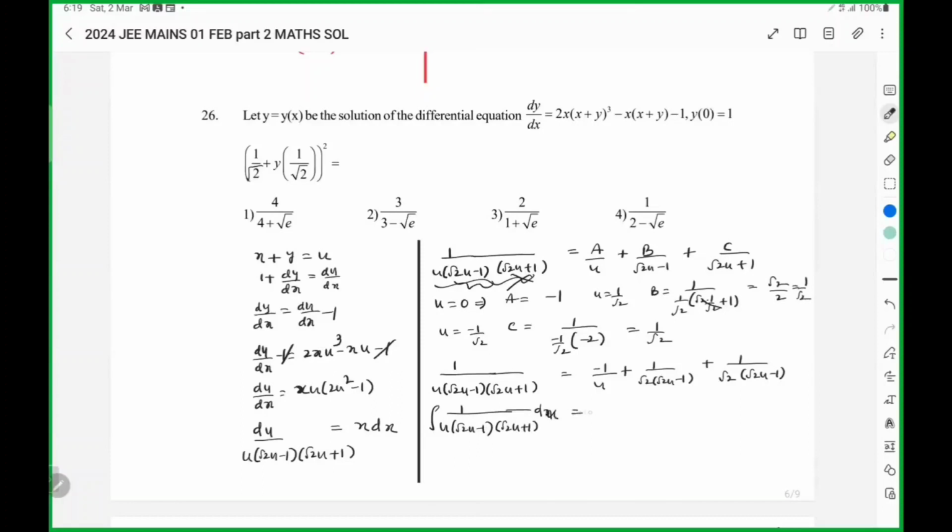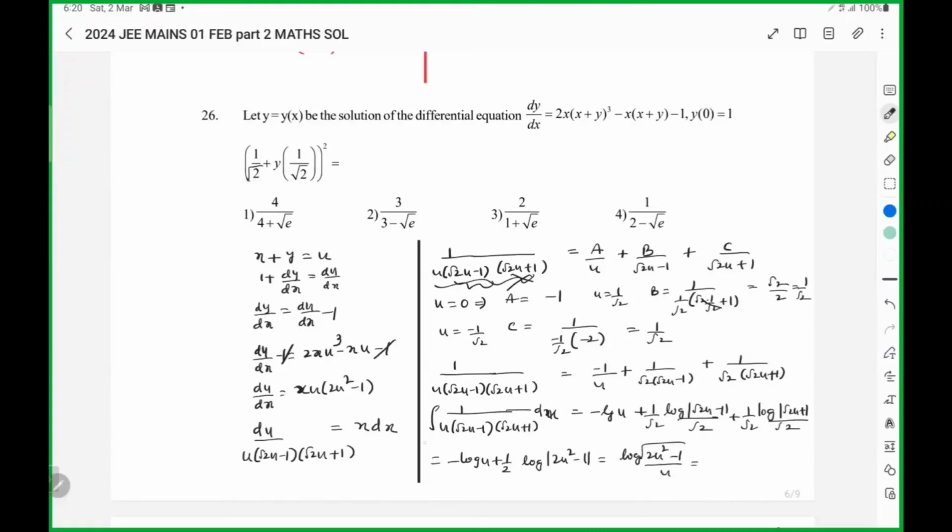So here you get minus log u, plus log of root 2u minus 1 by root 2, plus 1 by root 2 log of root 2u plus 1, which is equal to minus log u plus half into log of 2u square minus 1, which is log of root 2u square minus 1 by u.